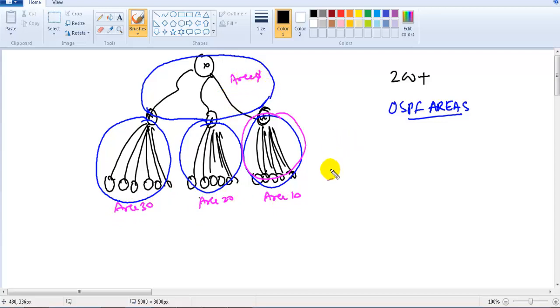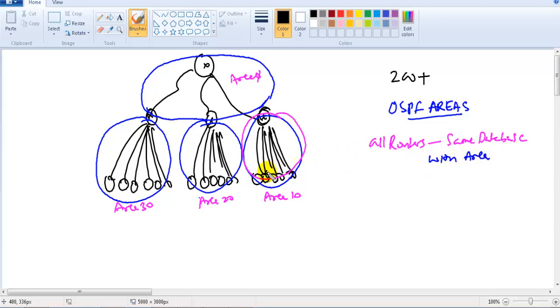Now what is the advantage we get? The major advantage is that we are going to solve all the problems we have just discussed. If you remember, all the routers maintain the same database, but it will be within the area.